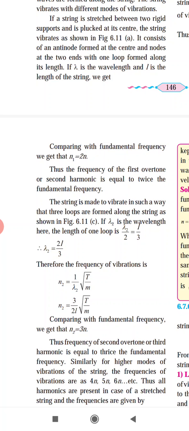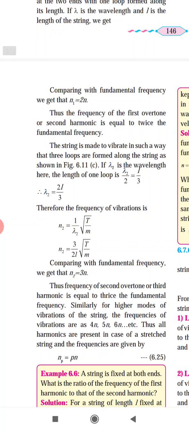Similarly, for higher modes of vibration of the string, the frequencies of vibrations are 4N, 5N, 6N, etc. Thus, all harmonics are present in the case of a string, and the frequencies are given by Np equal to p into N, where p will be 1, 2, 3 up to infinite values.